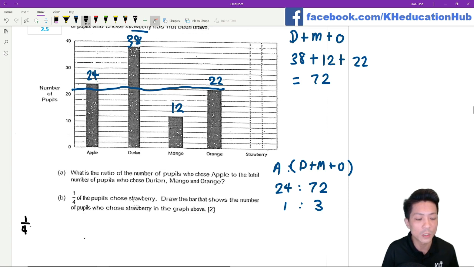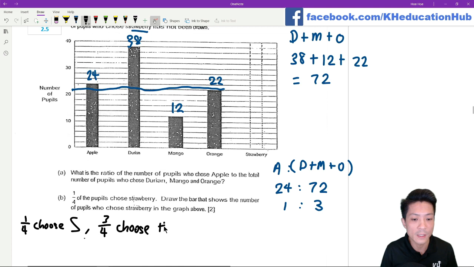If a quarter choose strawberry, it means that 3/4 choose the rest, which is apple plus durian plus mango plus orange. The rest is basically 72 plus 24, which will give me 96.